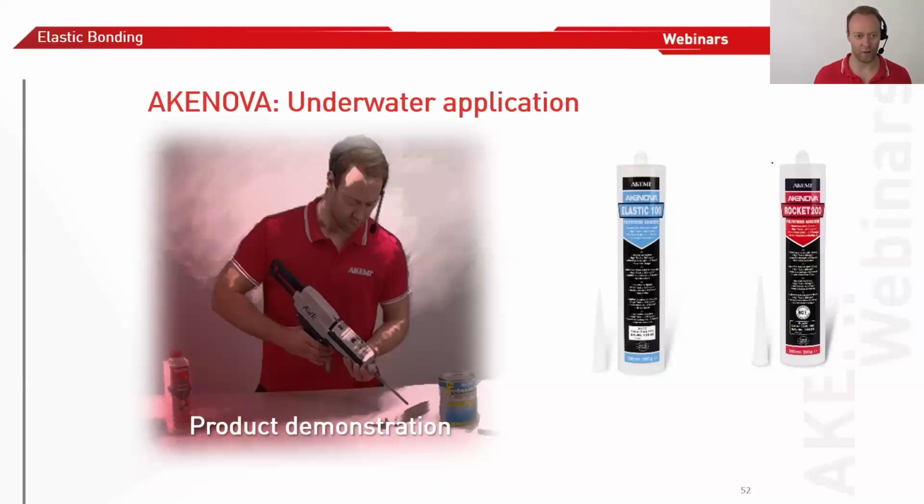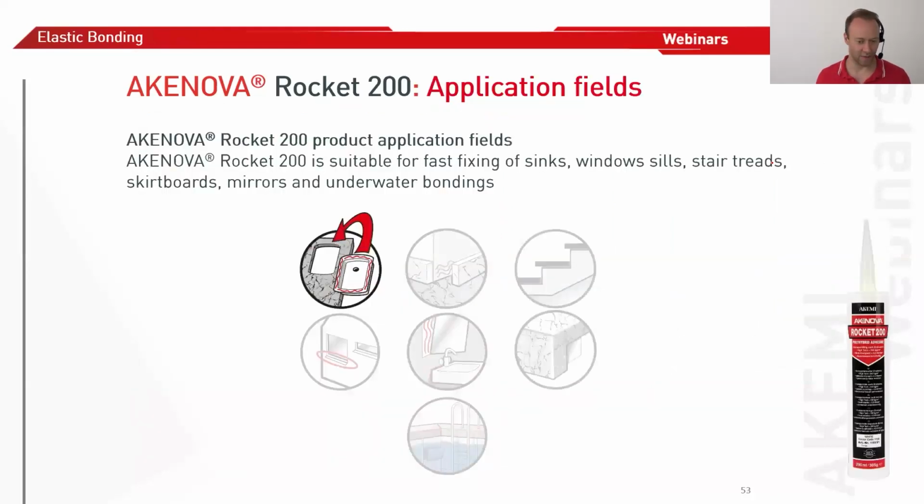Let's go further. This was the underwater application. Now we come to the application which I mentioned earlier, where a lot of people use our Rocket 200 for fixing the sinks, the brushed stainless steel sinks for under construction floor, for kitchen countertops.